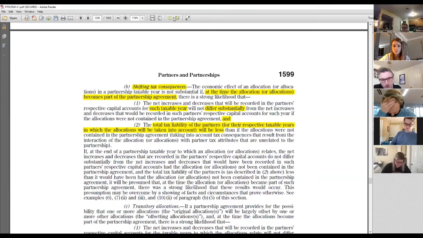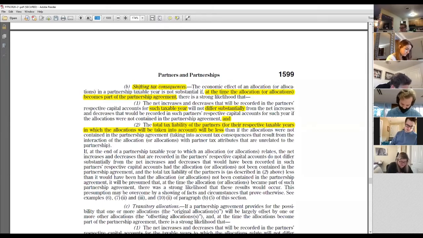Again, that's very abstract, I know. So let's go to a problem. This is in the -1(b)(5) examples. We did example 1 a whole bunch. Now we're going to go to example 6, -1(b)(5), example 6.